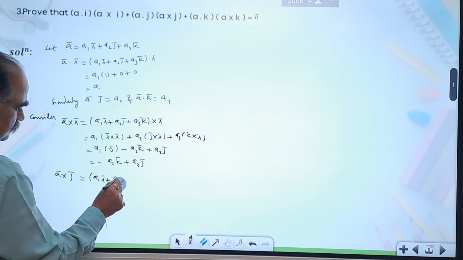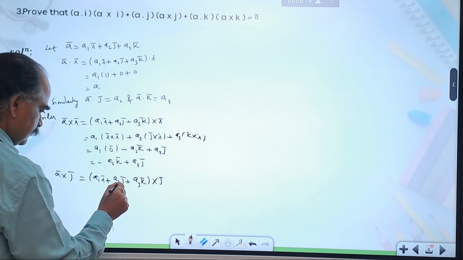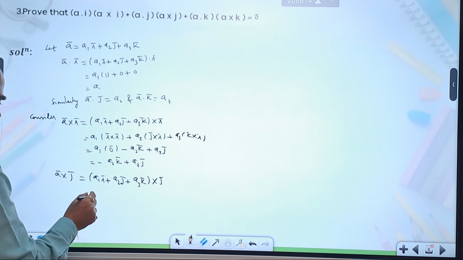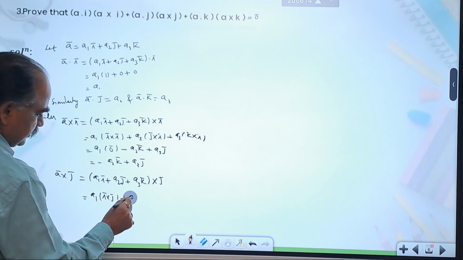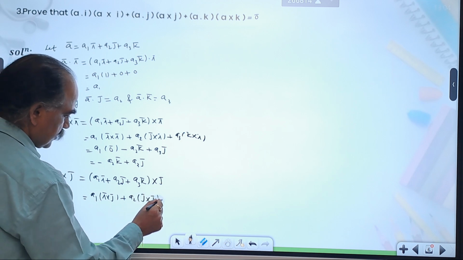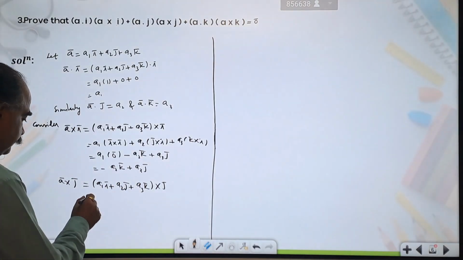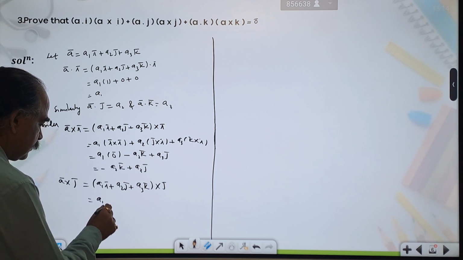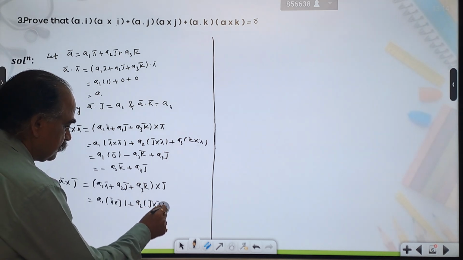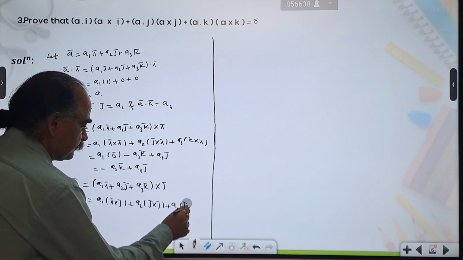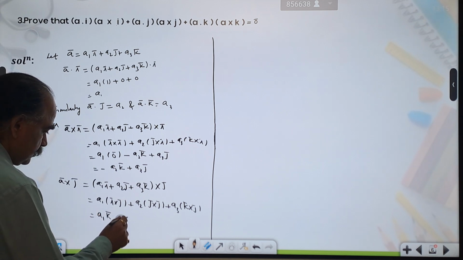Consider a cross j. A1 i plus A2 j plus A3 k cross j bar. So A1 into (i cross j) plus A2 into (j cross j) plus A3 into (k cross j). i cross j is what? k bar. j cross j is what? 0 bar.